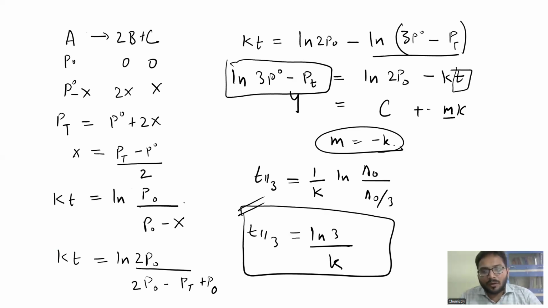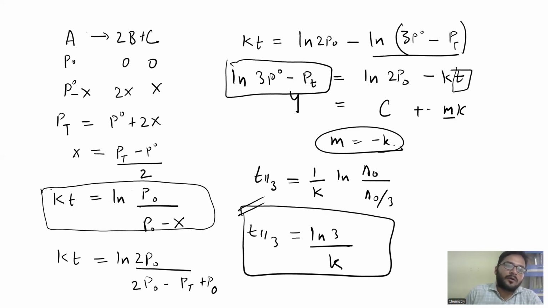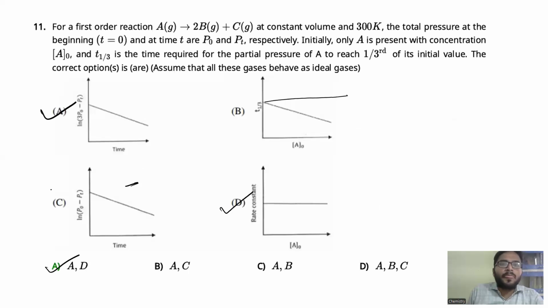We have used only one thing over here, that is the integrated rate law equation for first order kinetics, that is Kt is equal to ln A naught by At. This is the equation we have used.